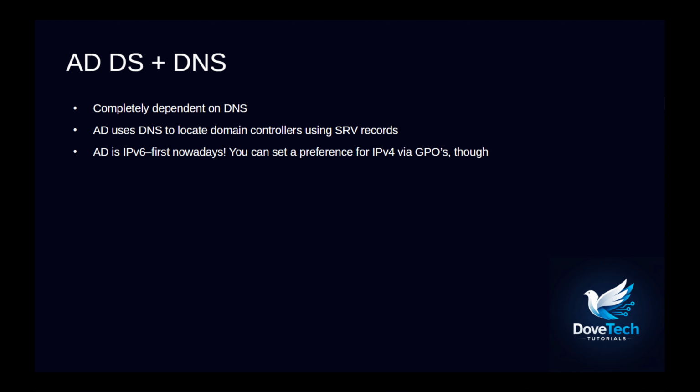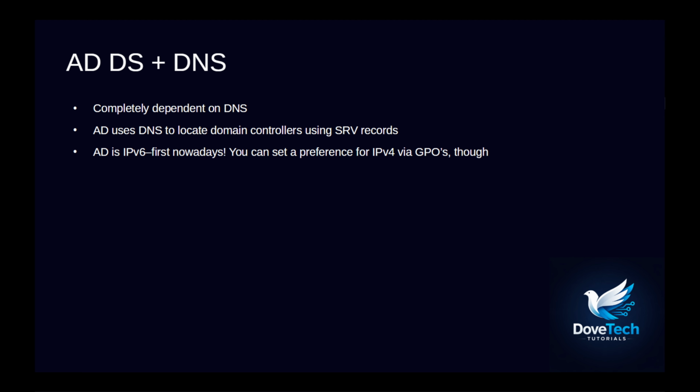One thing worth knowing in 2026. Active Directory is IPv6 first. When both IPv4 and IPv6 are available on a network interface, Windows will prefer IPv6 for internal communication, including AD replication traffic, Kerberos authentication, and DNS queries between domain controllers.